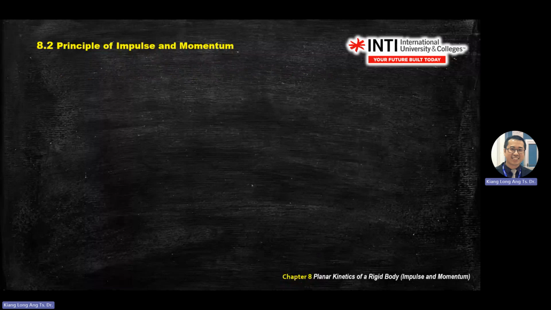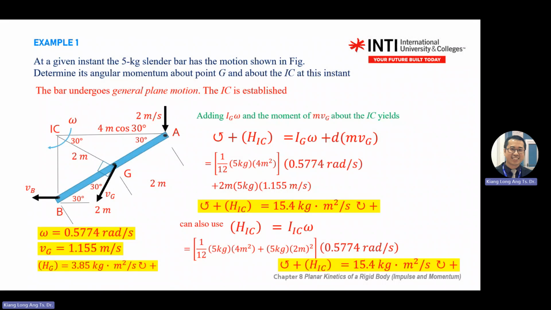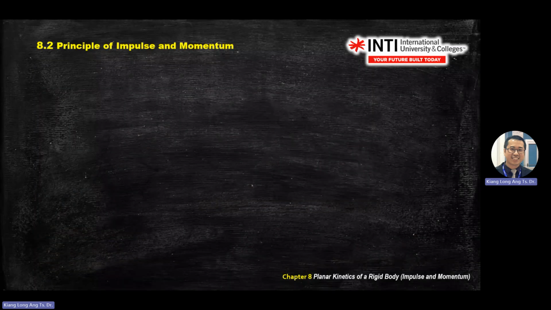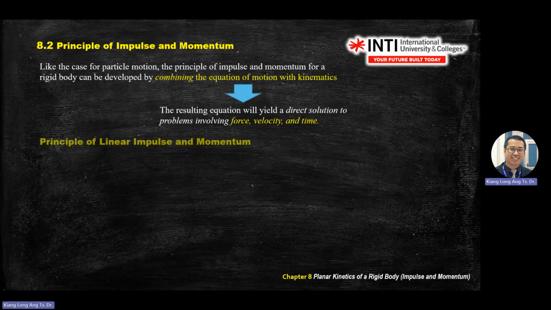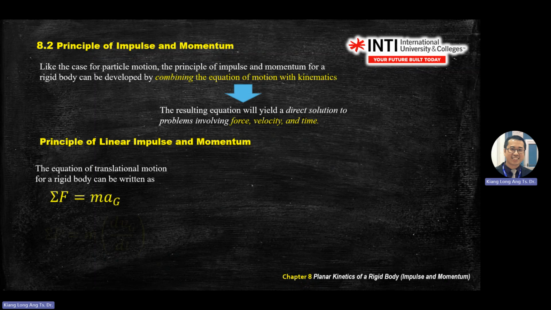If you know how to calculate angular momentum, then we combine it with impulse. Principle of impulse: we derive the equation F equal to ma at the center of mass, so a equals dv dt. Pull the dt to the left hand side.